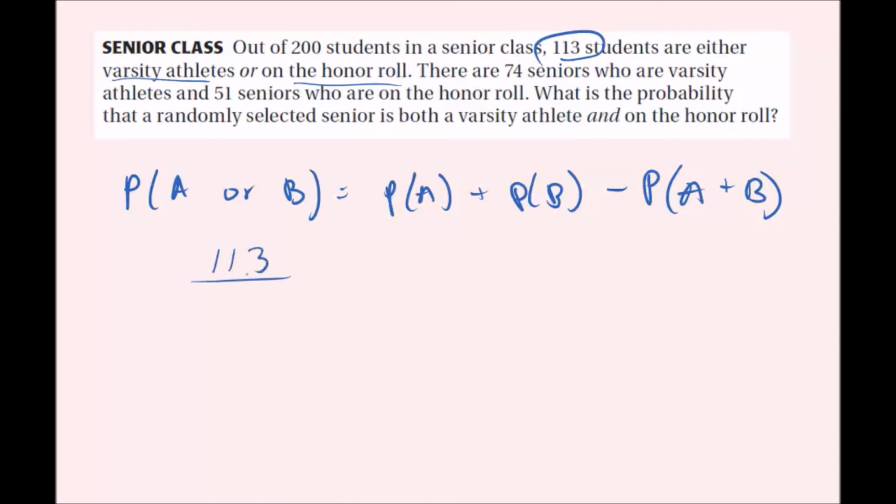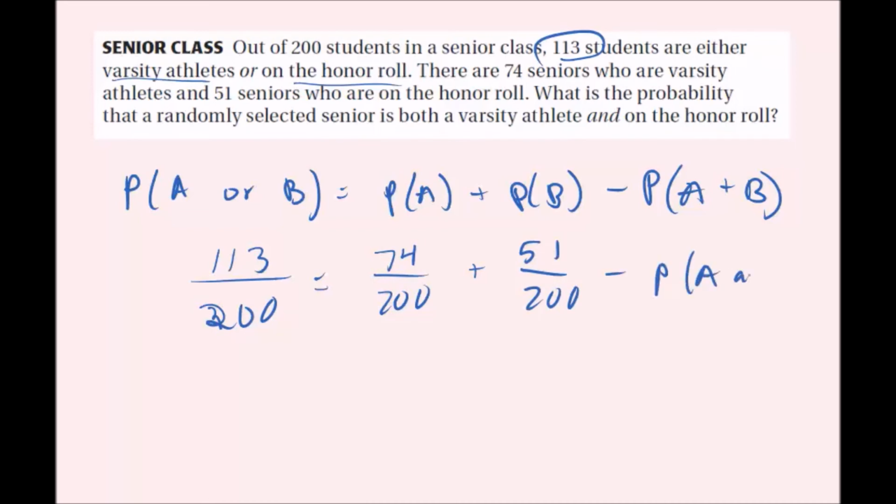The probability is 113 over 200 students total, equals PA, we'll say that's varsity athletes, that's 74 over 200, plus probability B, we'll say that's honor roll, so 51 over 200, minus P of A and B.